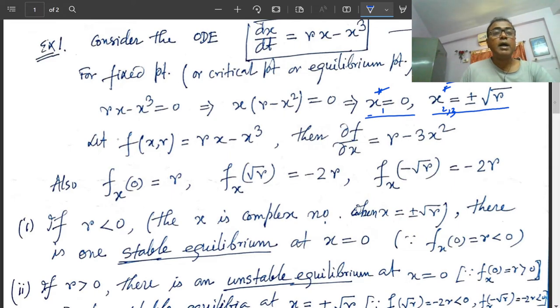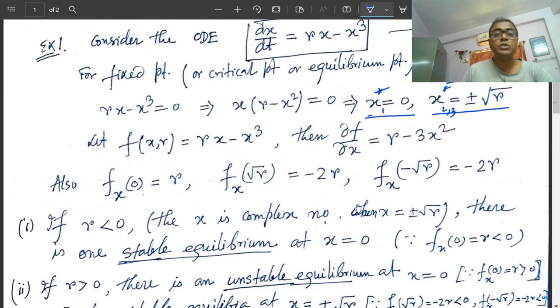Now let f(x, r) = rx - x³. Then ∂f/∂x = r - 3x². So we find the value of ∂f/∂x at these critical points. At x1* = 0, ∂f/∂x = r. At x2* = √r, ∂f/∂x = r - 3(√r)² = -2r.